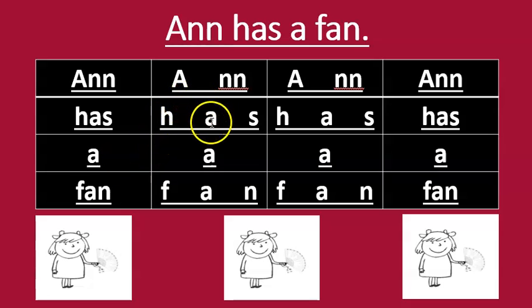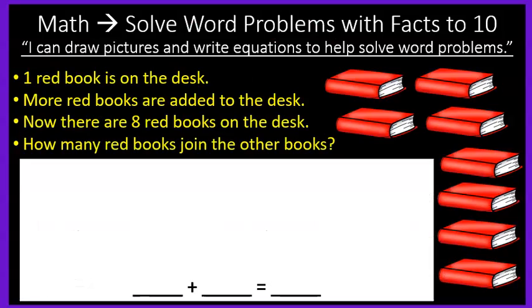You see how we break apart the letter sounds and then we say it fast? This skill plays a role in your math lessons also. That's why we really got to get a solid foundation on your reading skills so that you'll be able to break these apart, blend them back together, and read it.